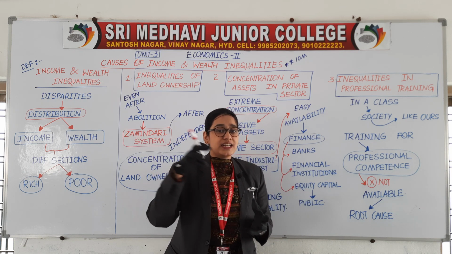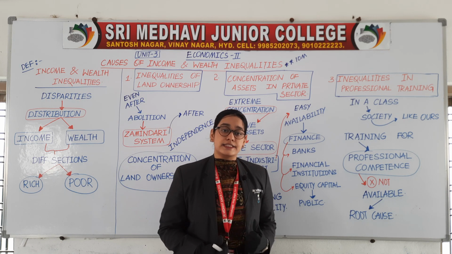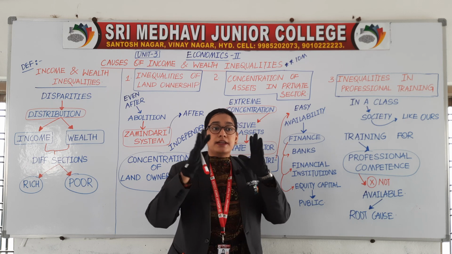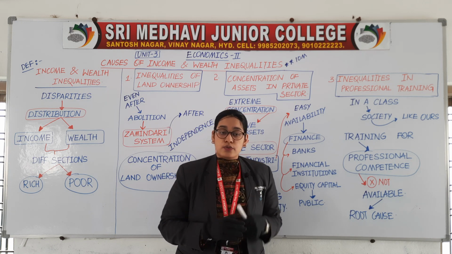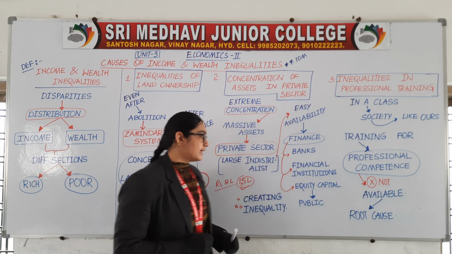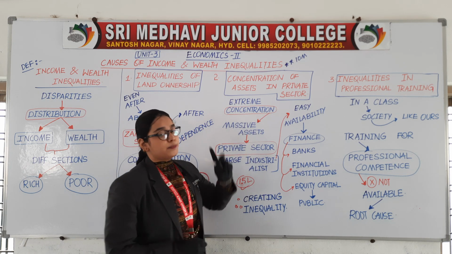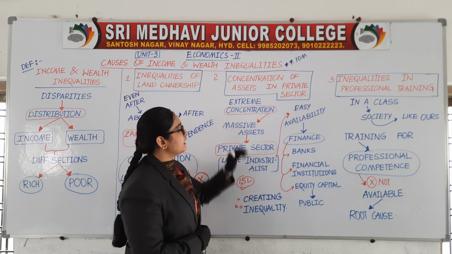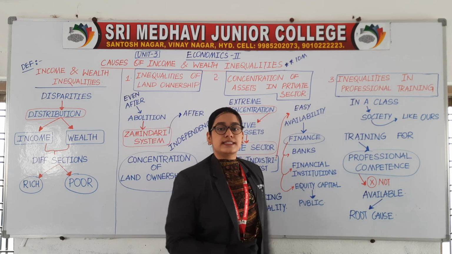They are under the trap of money lenders who are charging double, triple, exorbitant rate of interest, which even in their whole life they cannot repay. So isn't it creating inequalities? Yes. So what is the second point of income and wealth inequalities? Concentration of assets in private sector.